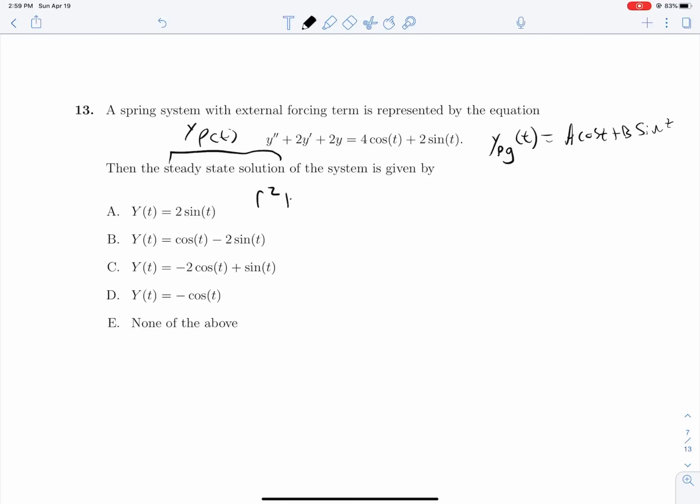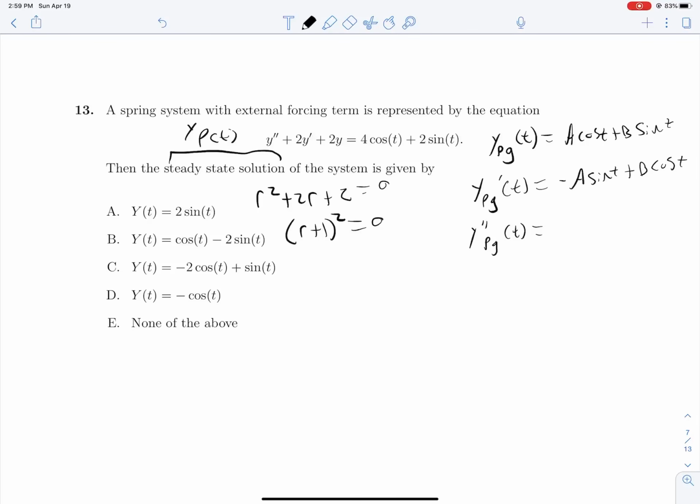r squared plus 2r plus 2 is equal to 0. r plus 1 squared is equal to 0. So r is equal to negative 1 with a multiplicity of 2, which is great news for us because it means that this is a valid guess. Finding yp prime of t gives us negative a sine t plus b cosine t, and y double prime gives us negative a cosine t minus b sine t.